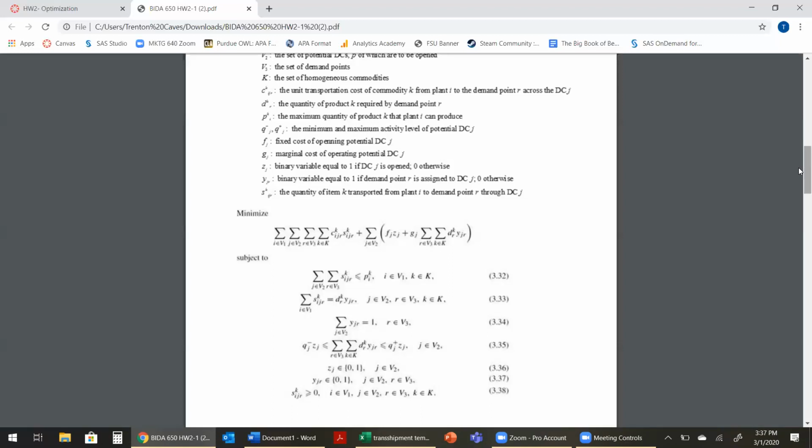We have minimum and maximum activity levels for every distribution center. And 36 is that distribution centers are opened as needed, basically.